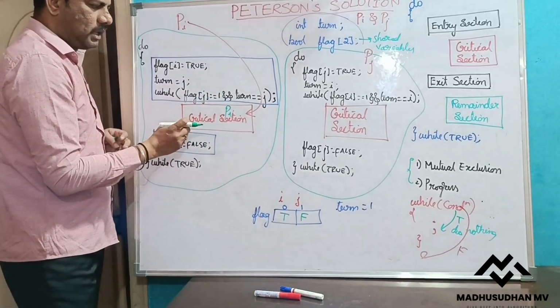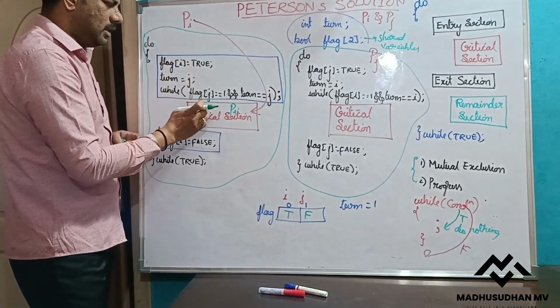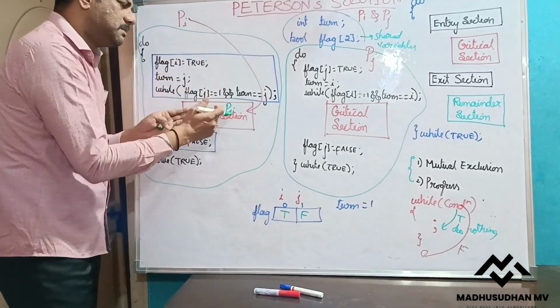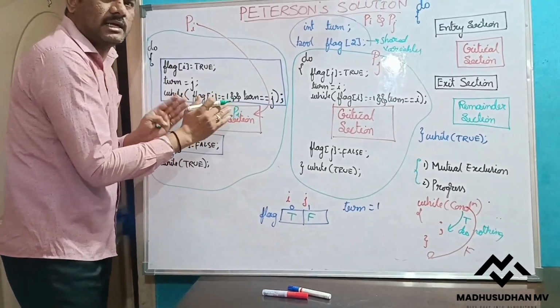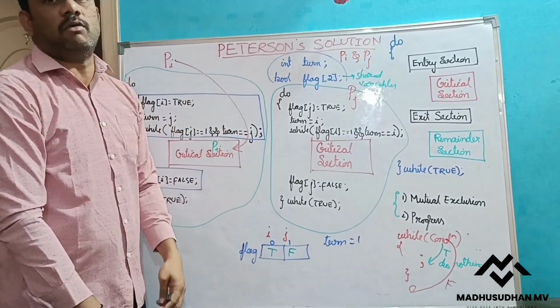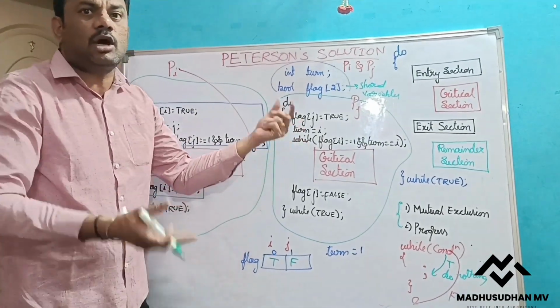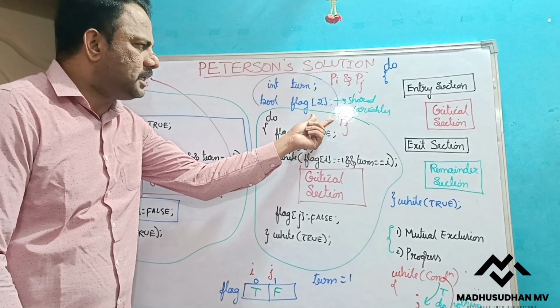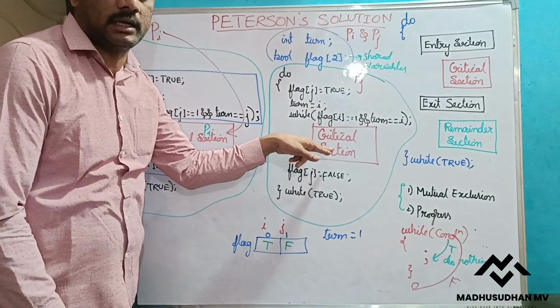Assume it takes some time to do all these things. Process pi is doing some operation in the critical section. Then after some time, process pj wakes up and wants to enter the critical section.